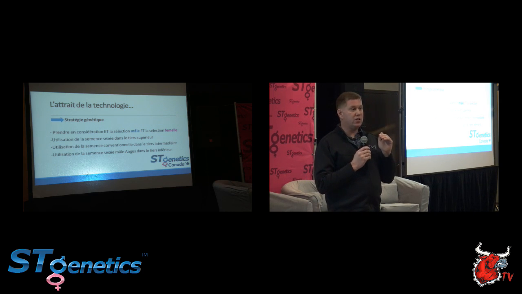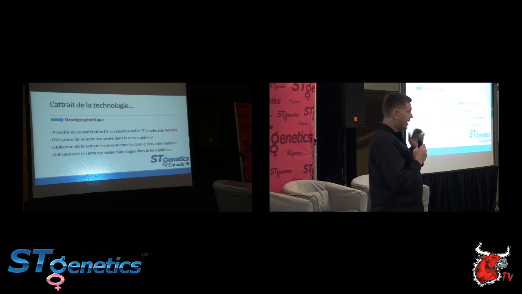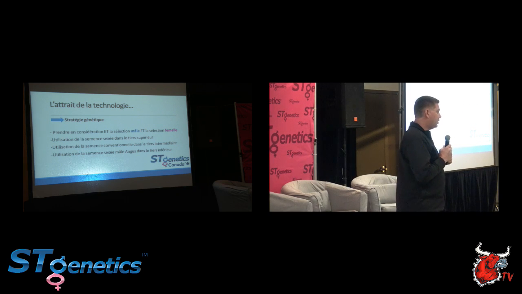We're going to use conventional semen in our intermediates, and even that's kind of in doubt. We might even go 100% sexed semen and split it into two groups, but our actual strategy is that we're going to use sexed female on the top, conventional in the middle, and we're going to put sexed male Angus in the bottom. We just don't want to see those animals. You can see why the dollar signs are so big.